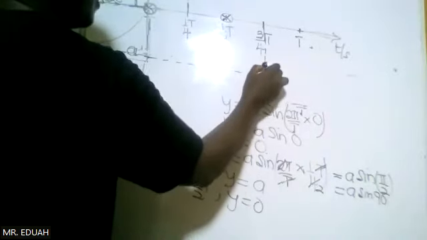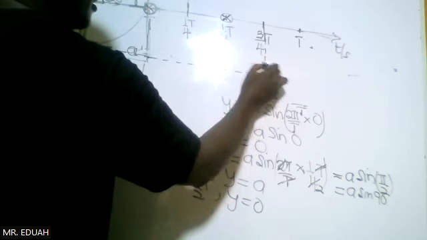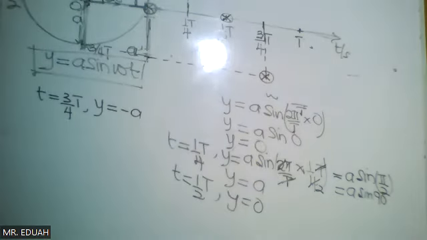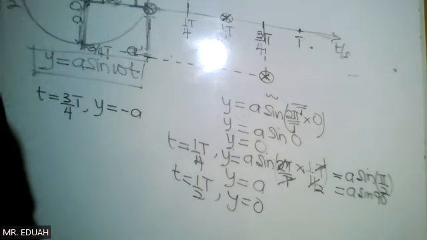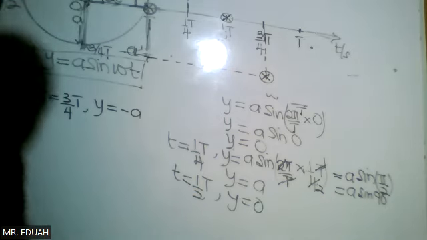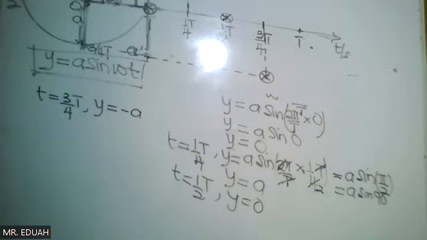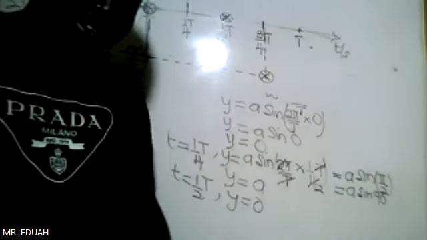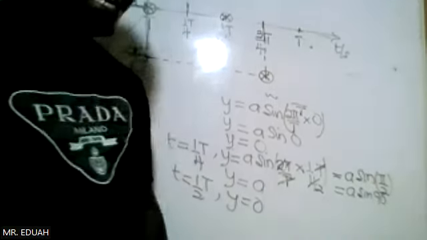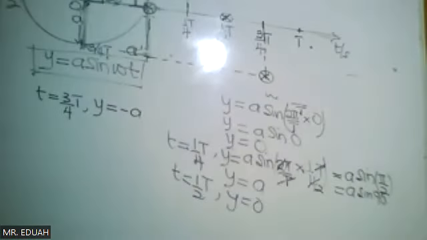Miss Peja, please, how did you get negative a? Nana Joa, I ask you to pay attention. Nanefua, how did you get negative a? Tell her. Nana Joa, are you listening?